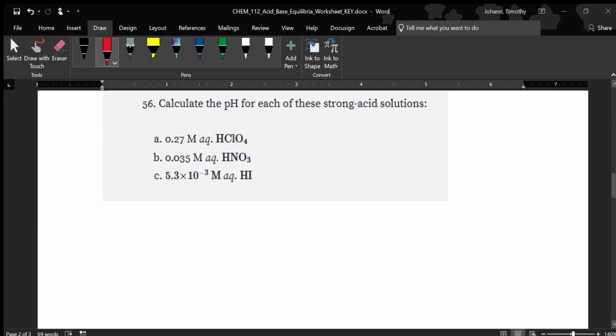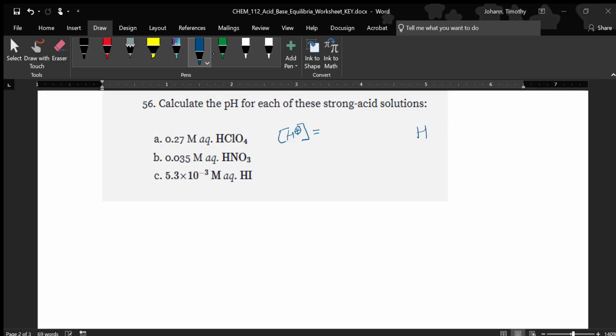Calculate the pH for each of these strong acid solutions. So these are all strong acid solutions. They're going to fully dissociate in water. So for A, HClO4 goes all the way to dissociation, so it all becomes H plus and ClO4 minus, and it does that in a one-to-one way. All of these do this in a one-to-one way.